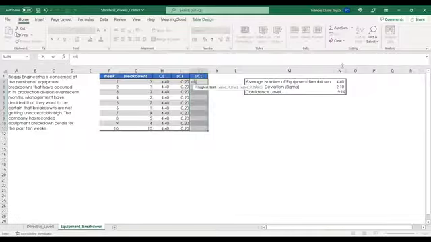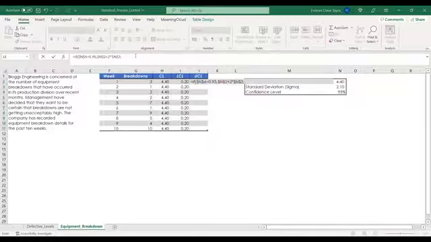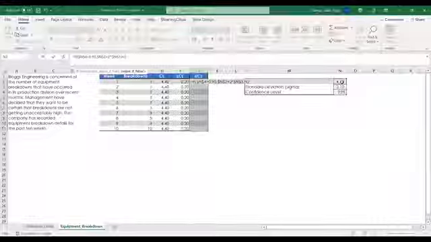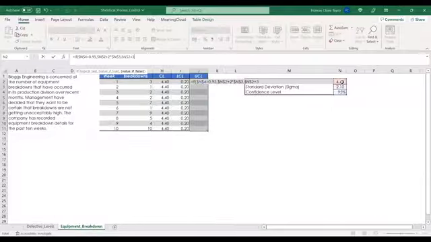So here, let's type again, IF the confidence level is equal to 95%, then the upper control limit is simply equal to the average plus 2 times sigma. Otherwise, it's equal to the average plus 3 times sigma.